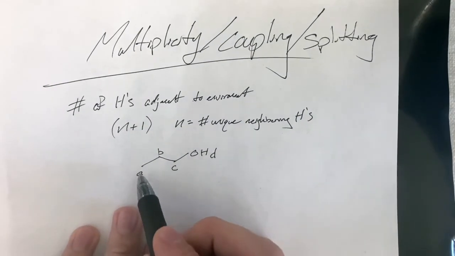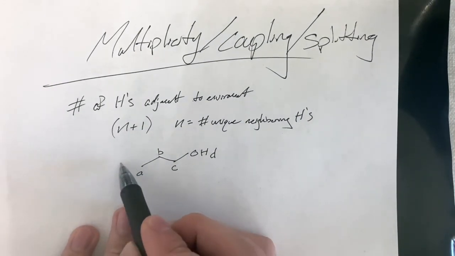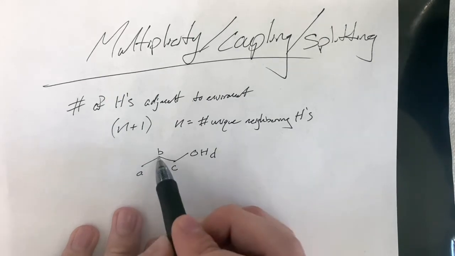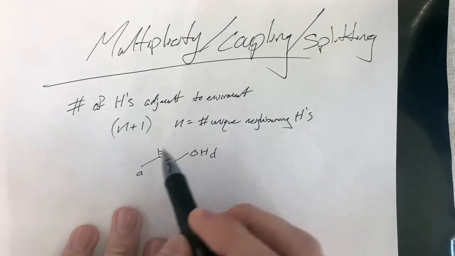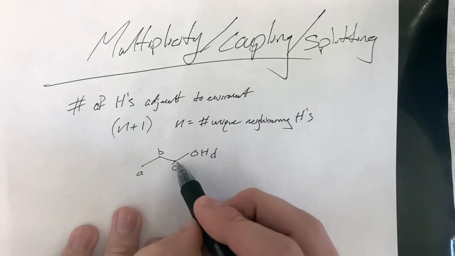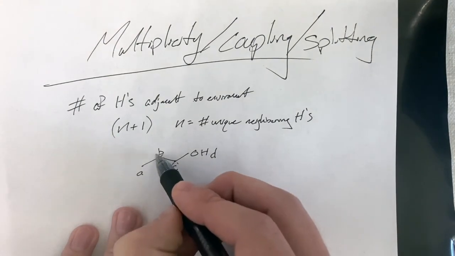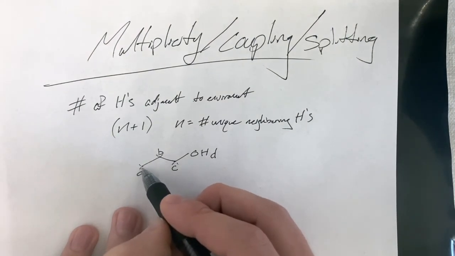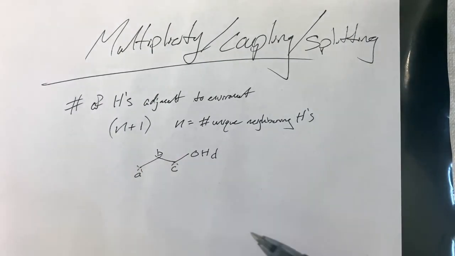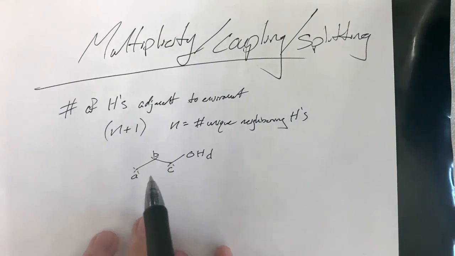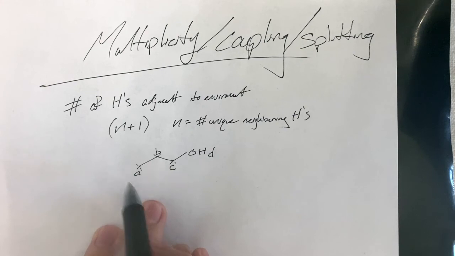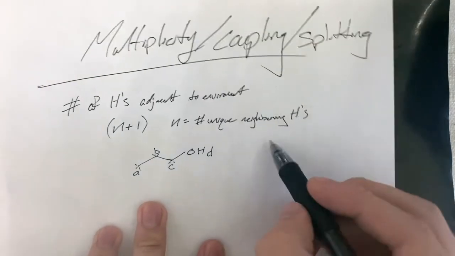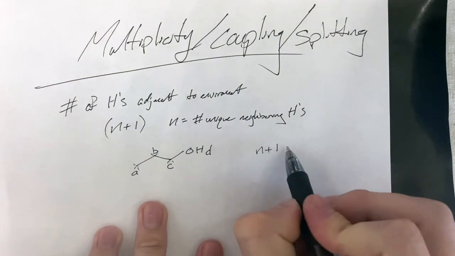So here, A, I'm labeling these 3 H's. B is these 2. C is these 2. And D is the one on the OH. So to determine what's the multiplicity of A, again, we're going to use this rule.